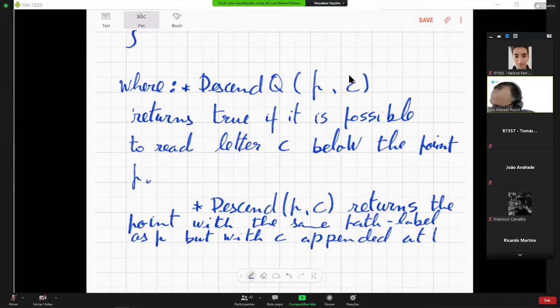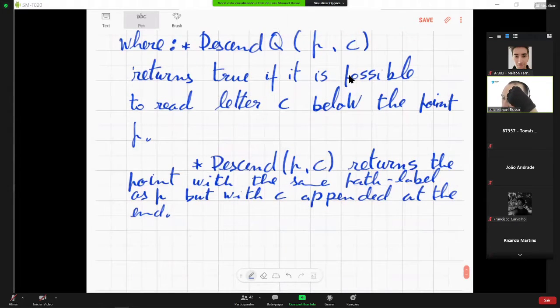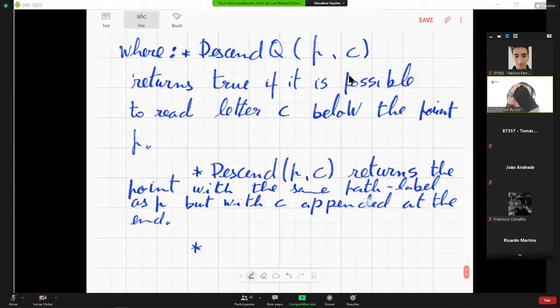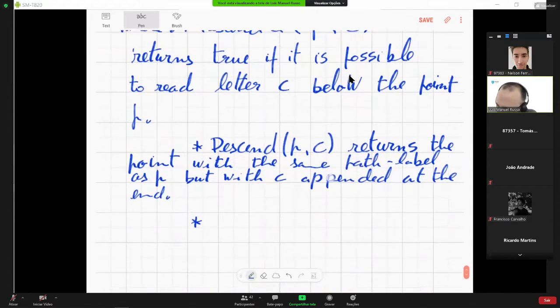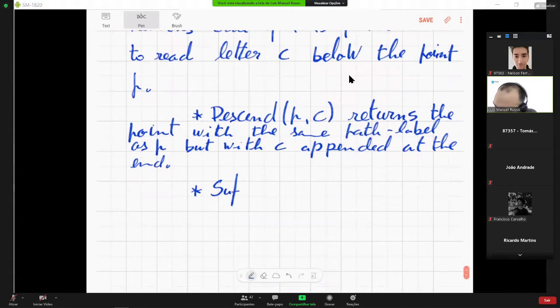So basically, just go down by C. The only thing here is the suffix jump. The suffix jump is a bit tricky. Suffix jump is complicated.